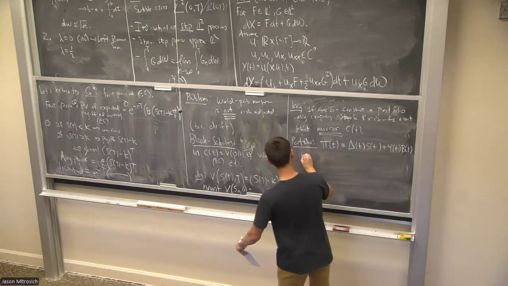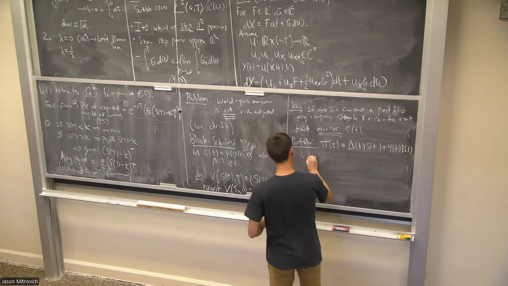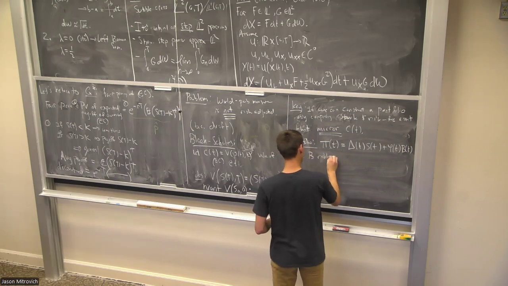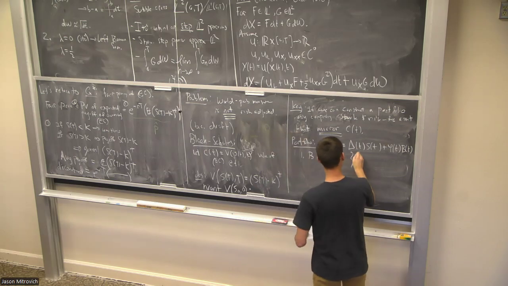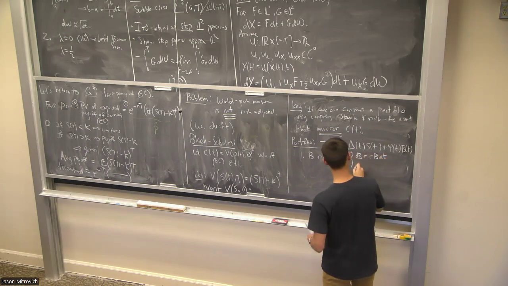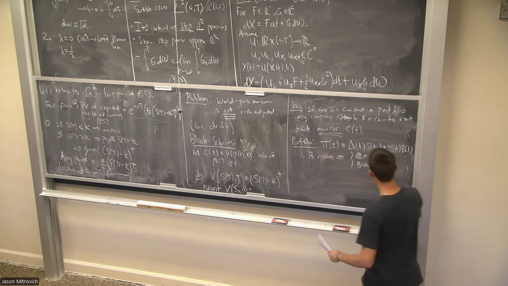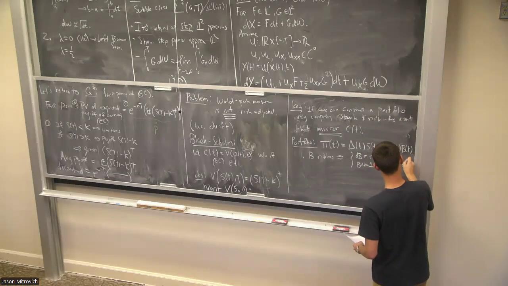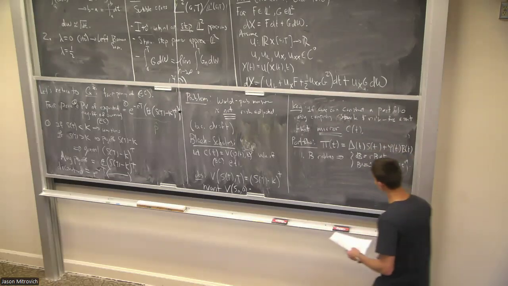We need to assert some assumptions about the portfolio. So one, B is riskless, right? By riskless, I mean it satisfies the differential equation for exponential growth. So B of t is just e to the rt. All right, that's the first one.